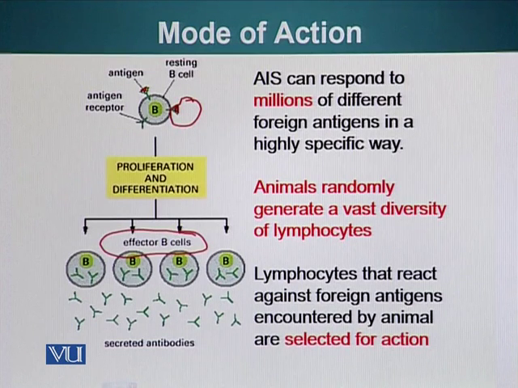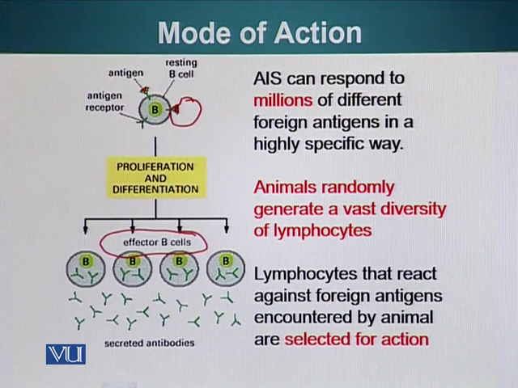The adaptive immune system can respond to millions of different foreign antigens in a very specific way. With 2 proteins interacting, it is again chemistry and three-dimensional shape. So the antibody antigen binding site is dependent upon those two things, the three-dimensional shape and the chemistry on the surface of these two molecules.